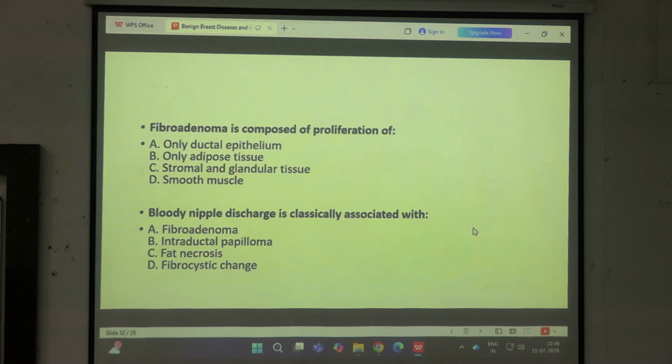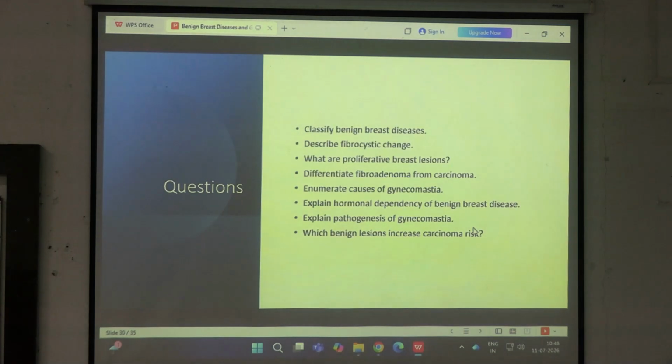And what components are there in fibroadenoma? Ductal, adipose tissue, stromal, glandular, smooth muscle. It will be proliferation of both stromal and glandular components. And bloody nipple discharge is classically associated with intraductal papilloma. Okay, there was a picture here.